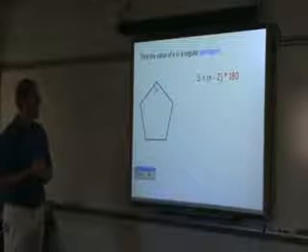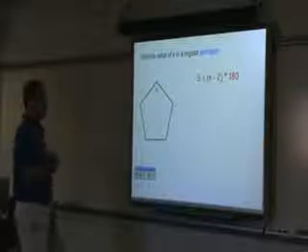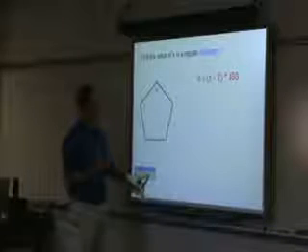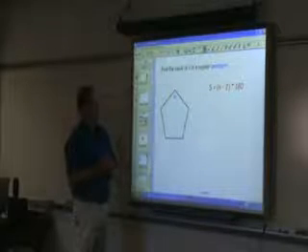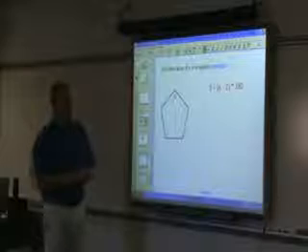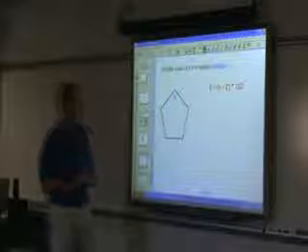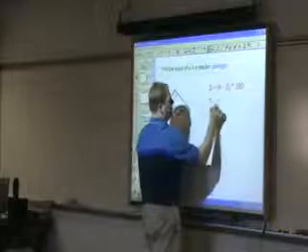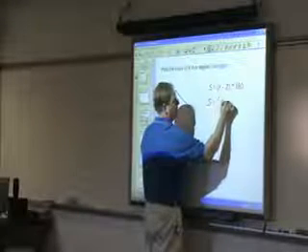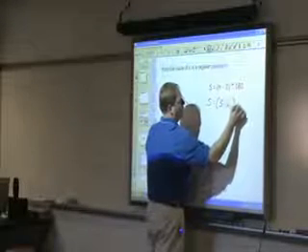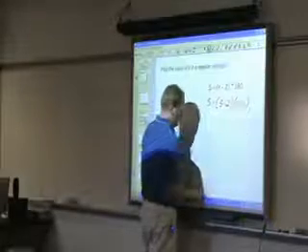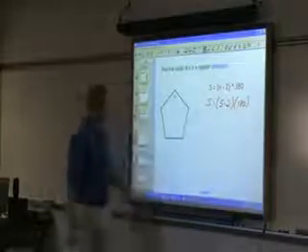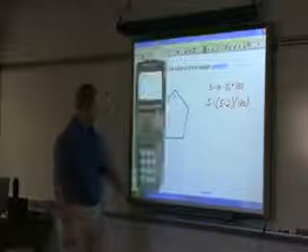Okay, a regular pentagon. Well, the first thing we need to do is find the sum of the interior angles of a regular pentagon. In a pentagon, we have 5 sides, correct? So I need to find the sum of the interior angles as 5 minus 2 times 180 degrees. We have our calculators to help us out with that.